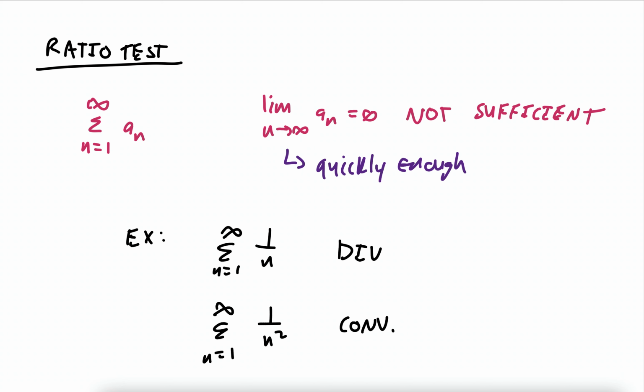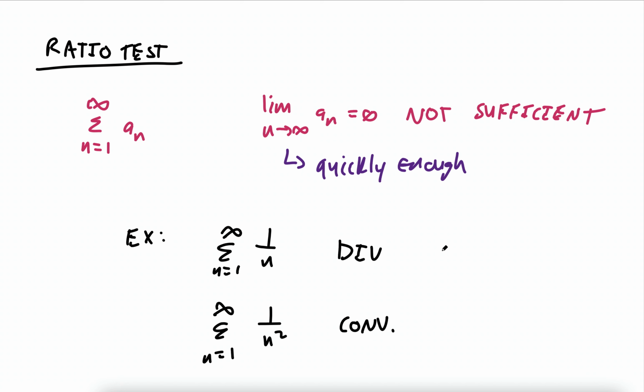Well, it has to do with how quickly the term a_n is approaching 0, right? Just like we talked about. 1 over n approaches 0 quite slowly, whereas 1 over n squared, since we have the n term squared, it'll grow faster than the denominator, which means the whole term is going to approach 0 more quickly.